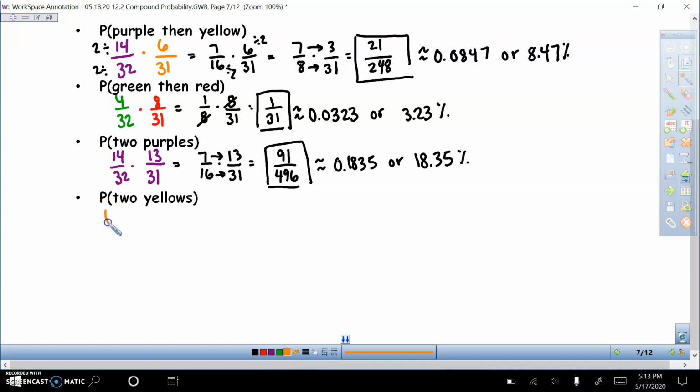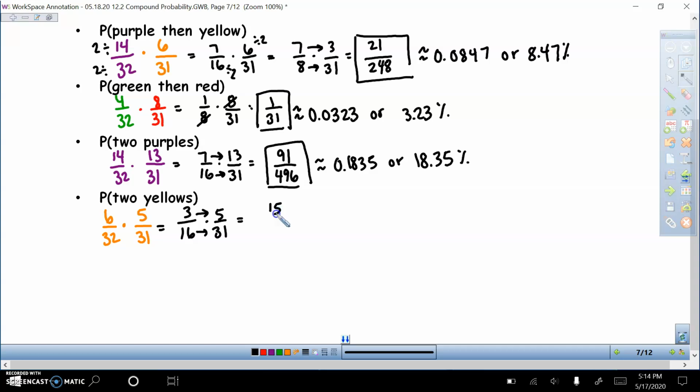You start off, you have 6 out of 32 crayons that are yellow. After you draw 1 yellow crayon, you'd only have 5 yellow crayons left out of 31 crayons left in the bag. Simplify what you can, so we end up with 3/16 times 5/31. Can't simplify any further because 5 or 3 does not go into 16 or 31, so multiply straight across.